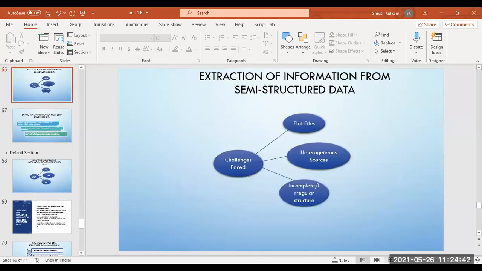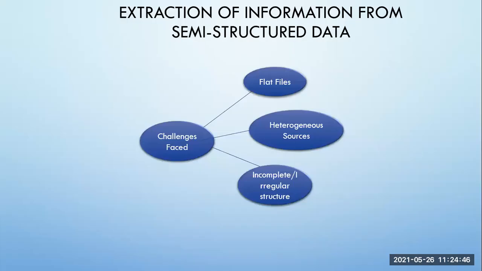Yes, we had started with the extraction of information from semi-structured data. So what are the challenges here? When data is already available, but it is not completely organized and is only kind of organized, what problems will you face when extracting it? Take flat files, which can contain tables also.